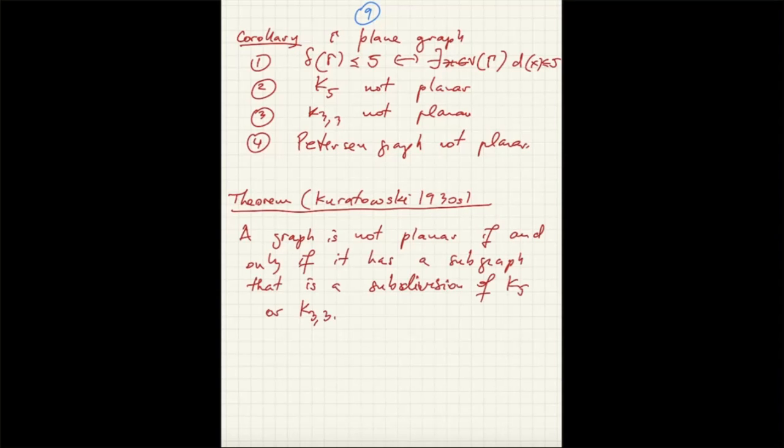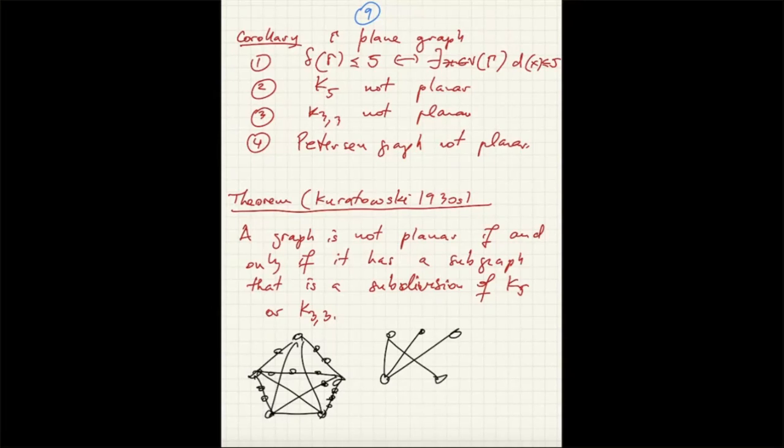So topologically, K5 and K3,3 are the obstructions to being planar. This is K5, and for a subdivision of it, you take an edge and replace it, adding vertices on that edge. Replace each edge by a path. The path could stay as the edge, but you can put many vertices if you want. That's an example of a subdivision, and similarly for K3,3.